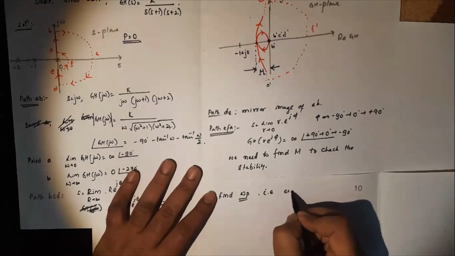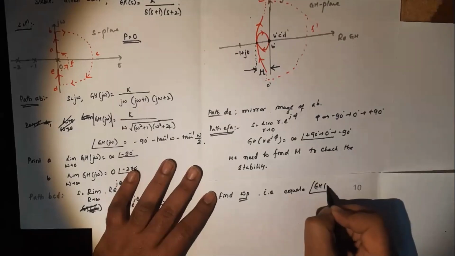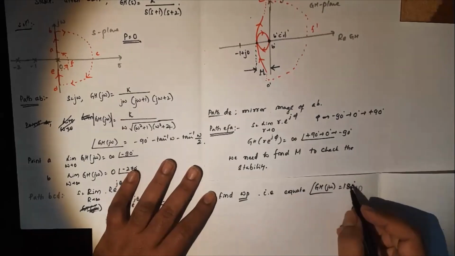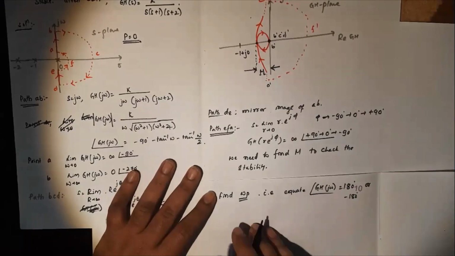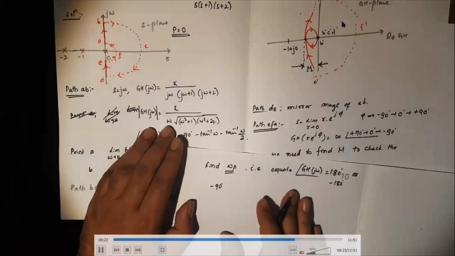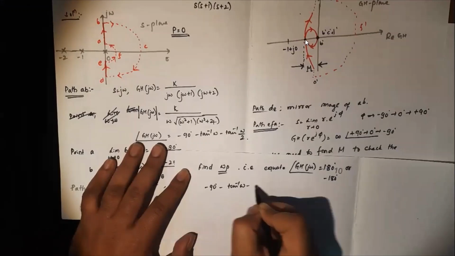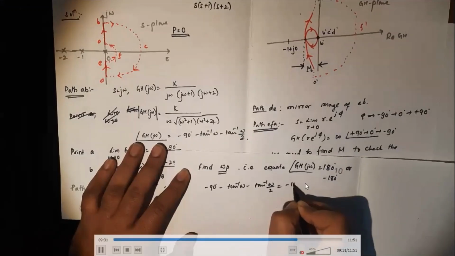So you have to find omega p, that is phase crossover frequency, by equating angle of GH of j omega to 180 degree or minus 180 degree. That is this particular point. So now equate my phase angle expression to minus 180 degree.